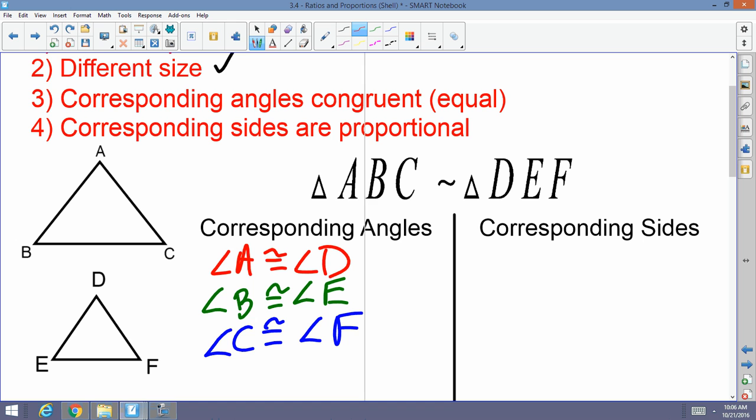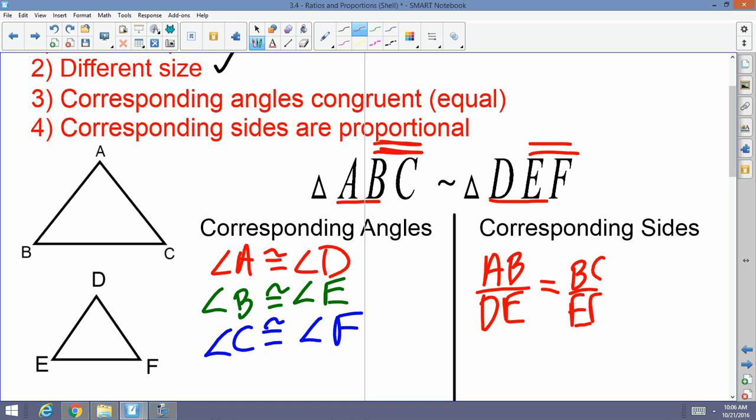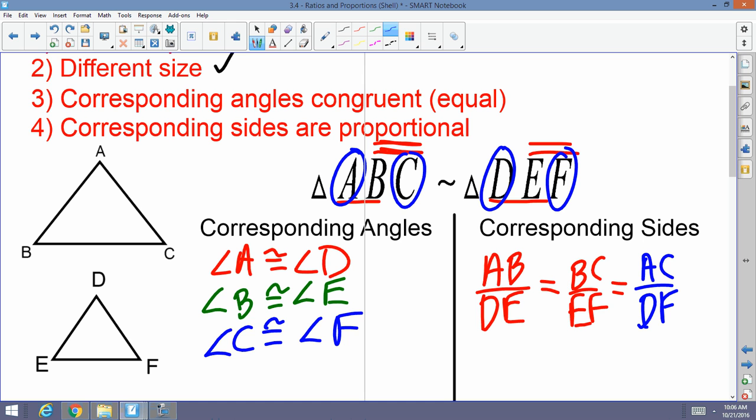So for example, the first one I have, AB, is going to be proportional to DE. So AB to DE must be proportional to BC to EF, and that must be proportional to AC, the first and the last, to DF, the first and the last. That does not mean these sides are equal.